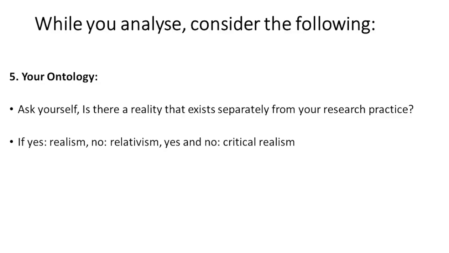Now, let's look at how Braun and Clarke looked at relativism and see whether you fall within that theory of reality. So if you believe that there is no such thing as reality that exists independent of human practices, then you fall within this ontology. Reality and truth are contingent, multiple, and located within this paradigm.